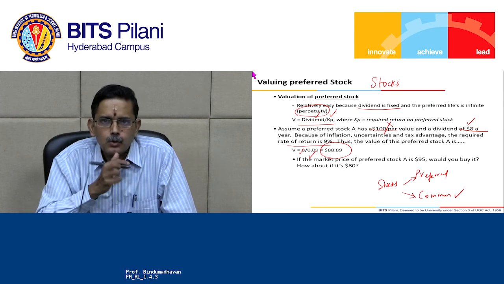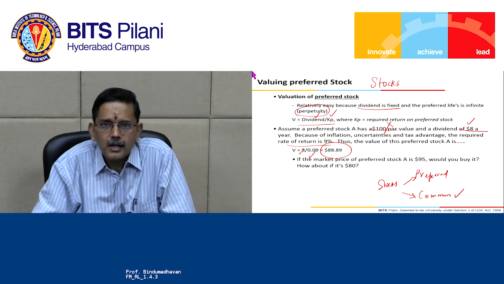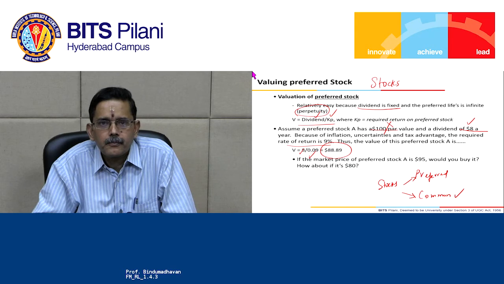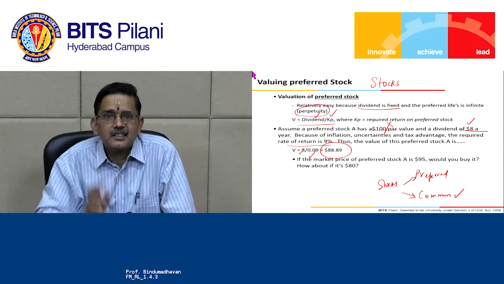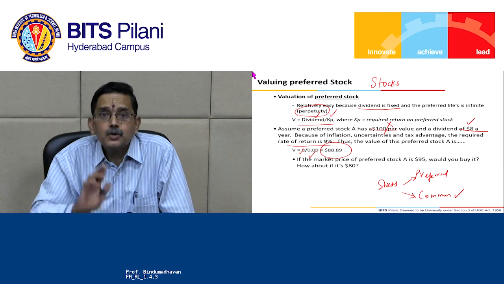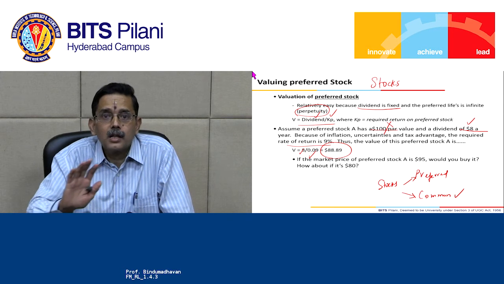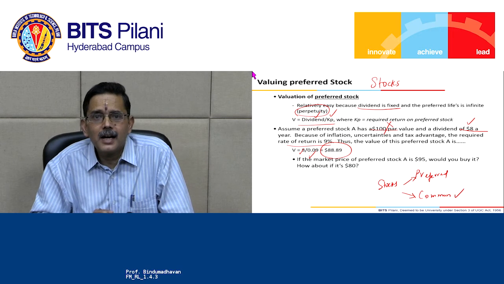One point I want to mention here, this $100 par value, why was it given in the problem? That is extra information, and even in my exams, I may give some extra information. So don't feel compelled to use all the data that is given in a problem. Why is that?